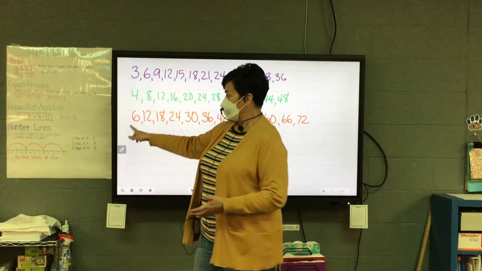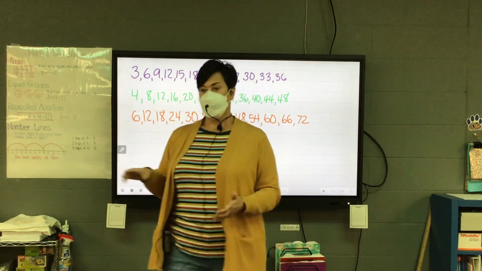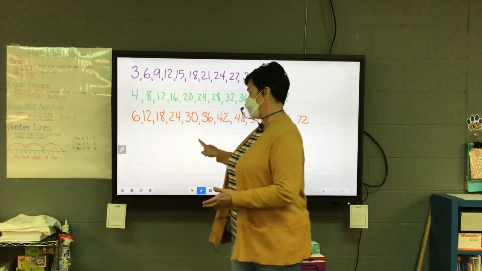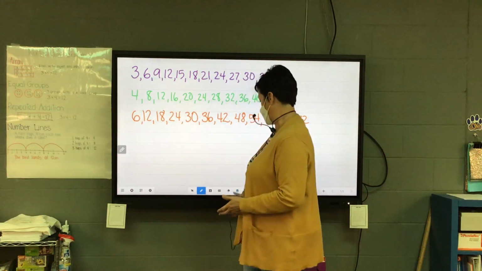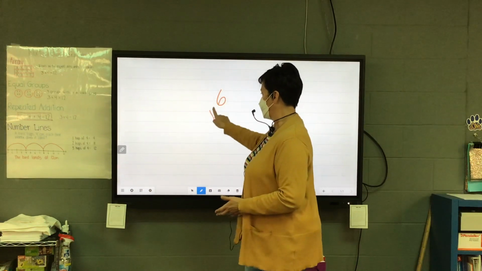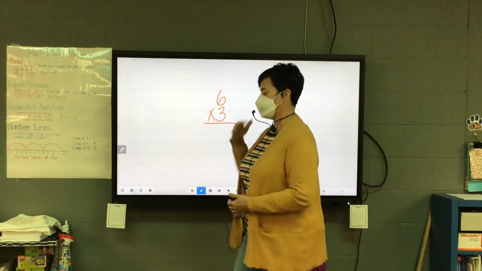Get these figured out, and then you can start quizzing yourself by saying, all right, six times 3.